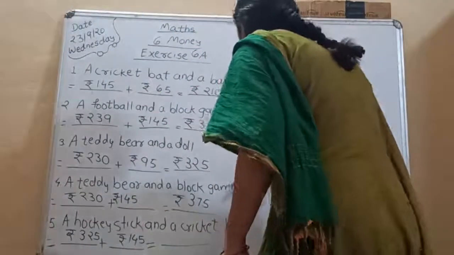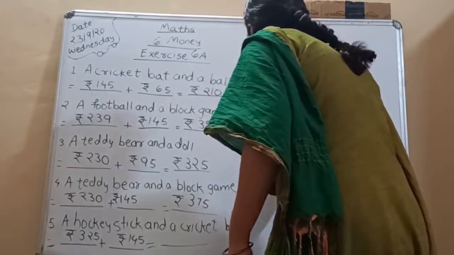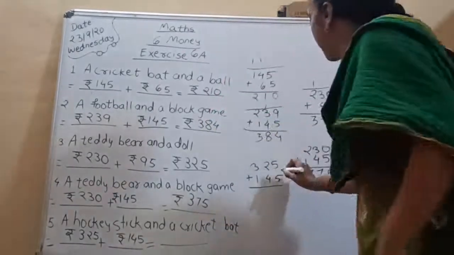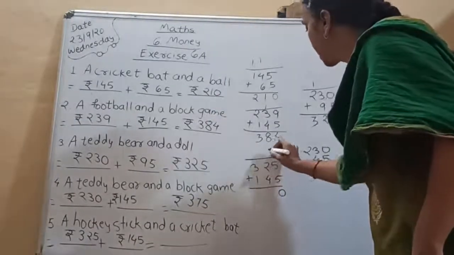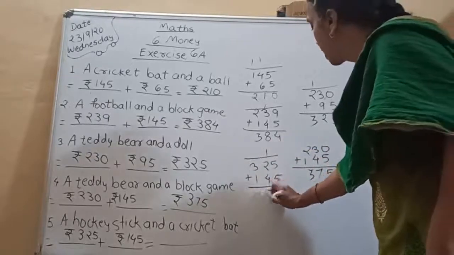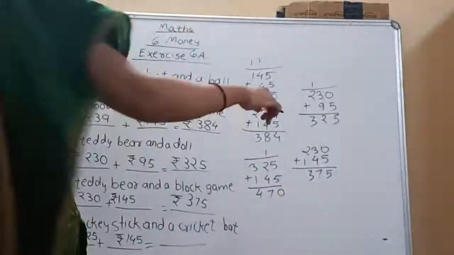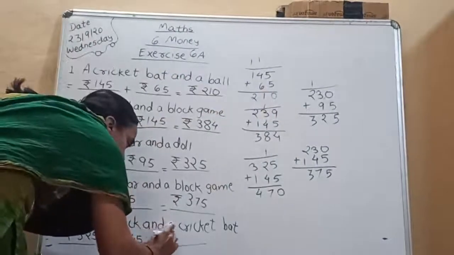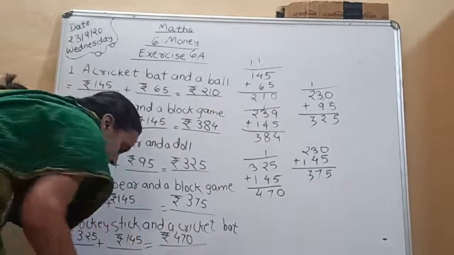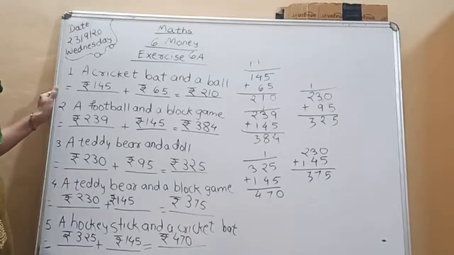Now add. 5 plus 5, 10. What is the carry? 1. 2 plus 1, 3. 3 plus 4, 7. 3 plus 1, 4. So what is the answer? Rupees 470. So in this way, complete all the answers.